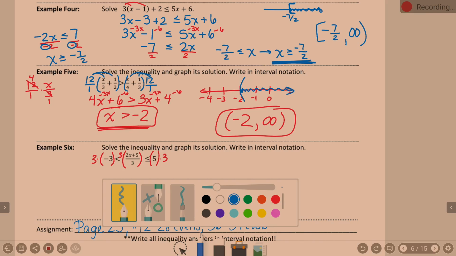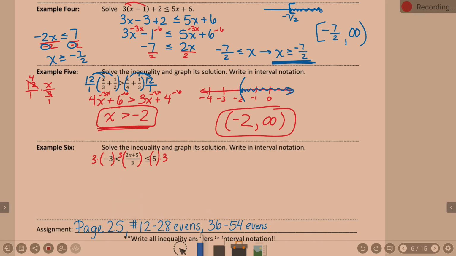So I end up with -9 less than, what's in the middle? 6x plus 15. Why did I write 2x plus 5 then? The 3 cancels, and that's the one place you don't end up multiplying by 3, because the whole point is canceling the 3, yes? Boy, I cannot do math today.